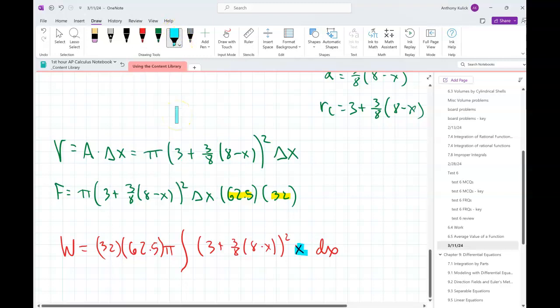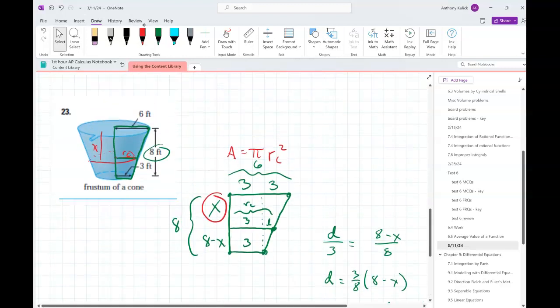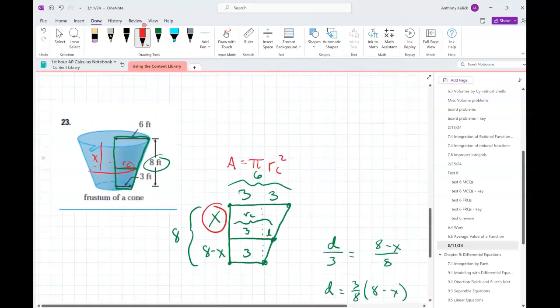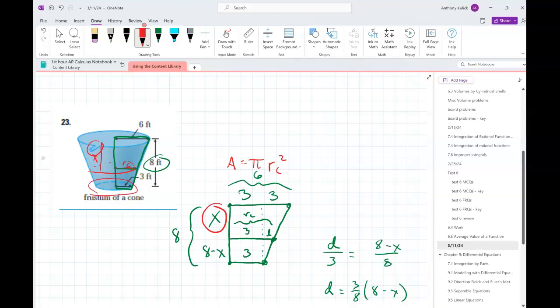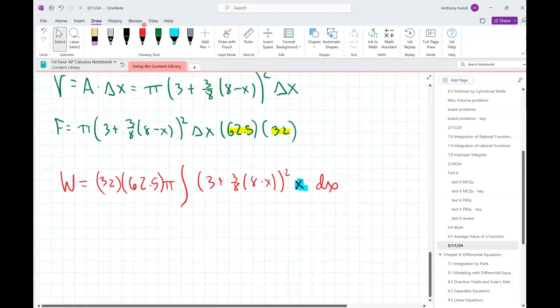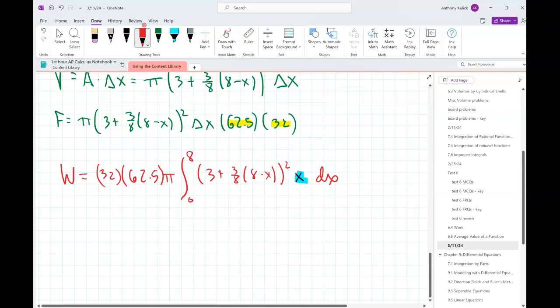So this x is the distance for the work equation. And then I just need to figure out the bounds of my integral. Well, when the water's full, it's pumping 0 distance because the spigot's right at the top. And when the thing is empty, we have to pump 8 feet because the water's at the bottom and it's 8 feet tall. So we'll go 0 to 8. And I think that ought to do it for calculator time.